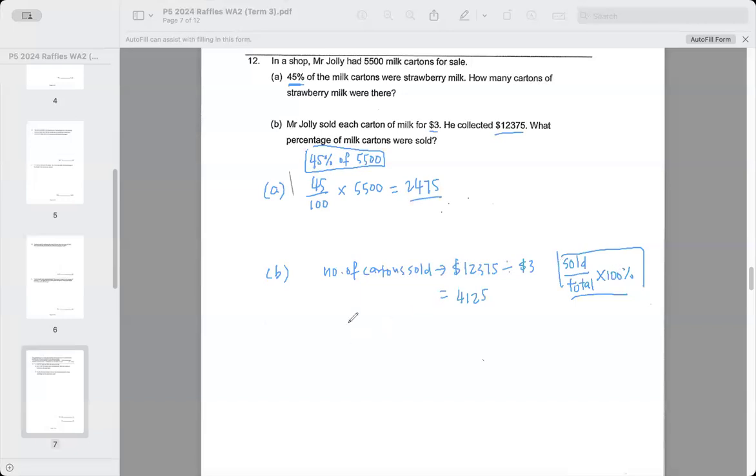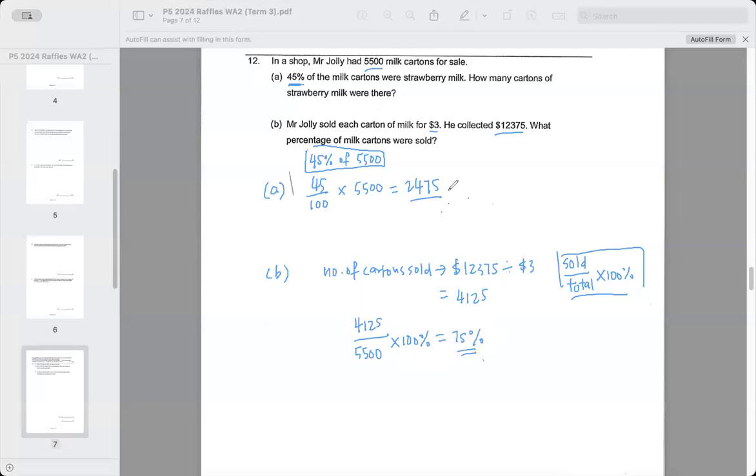So we sold 4,125. Total is 5,500. You times 100%. Key this in your calculator. Take note, do not type the percentage sign. You will get 75. So the answer is 75%.